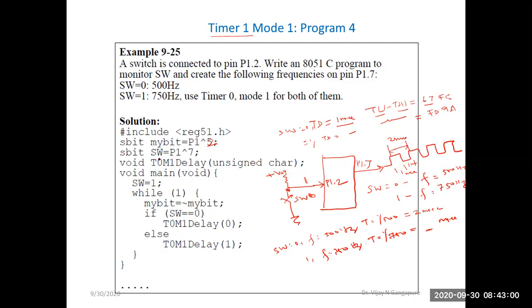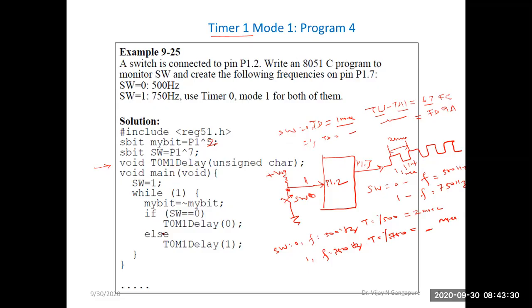Similarly, I am declaring SW as an sbit type variable, representing pin number 7 of port 1 by using the symbol SW. Then I'm declaring the function T0M1 delay. That definition is coming onward. Here it should actually be T1M1 because I'm using timer 1, but okay, no problem.